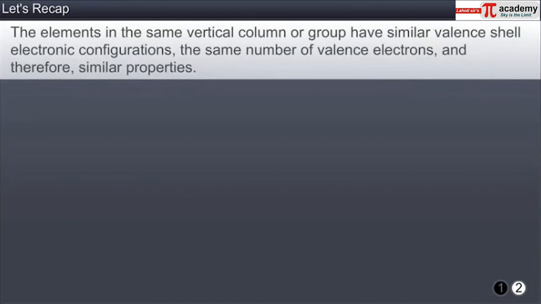The elements in the same vertical column or group have similar valence shell electronic configurations, the same number of valence electrons, and therefore similar properties.